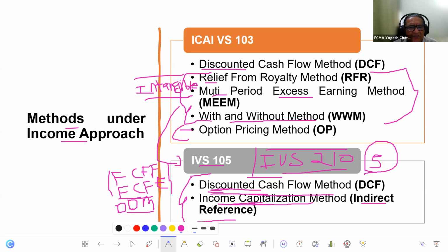And then we have the option pricing method. That is a financial instrument, a derivative contract, an option contract, and that is contingent in nature. You are all aware, a holder of the option contract, whether that is a put contract or any other, will exercise it only when that is beneficial to the holder of the contract.